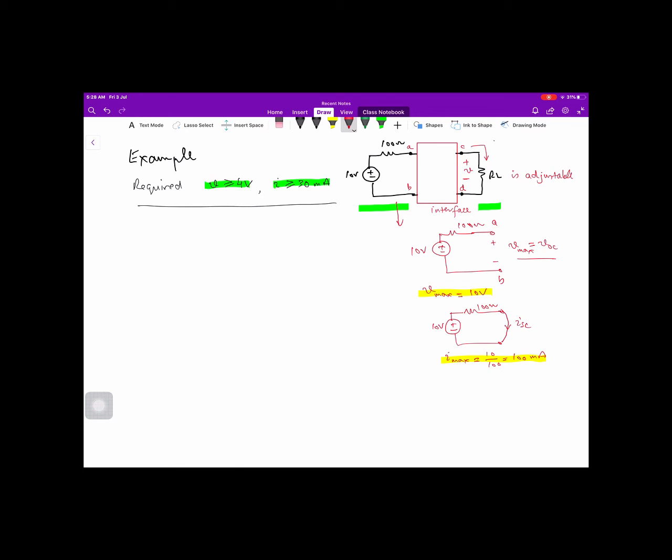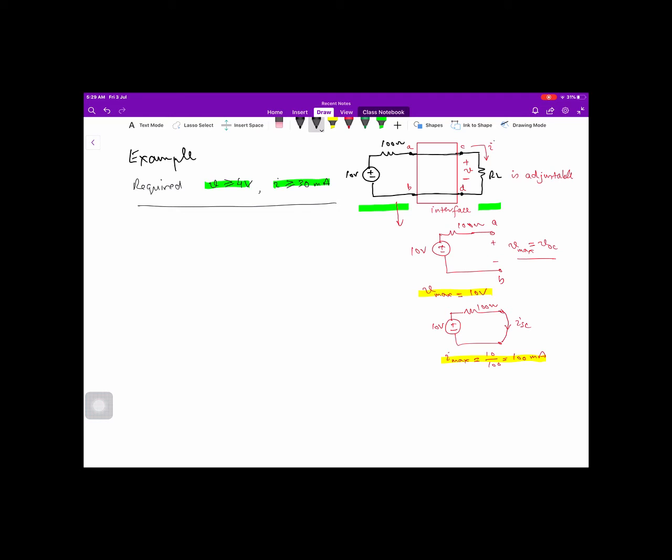So this is the voltage and this is the current in the original circuit. As we can adjust the load, we will see that a simple pass-through interface, where we connect the source to the load side directly without any element in it, works.